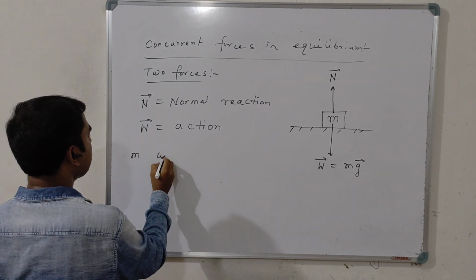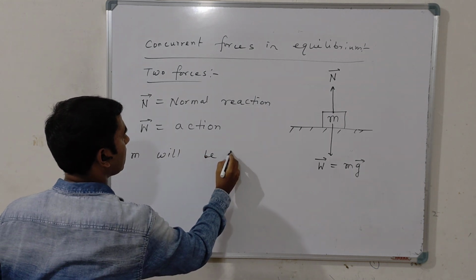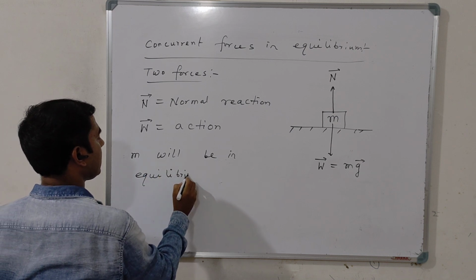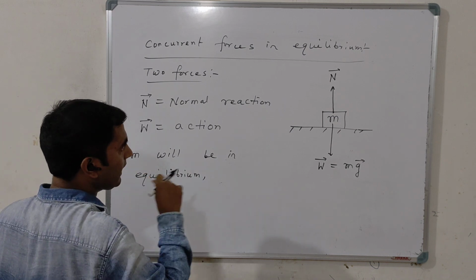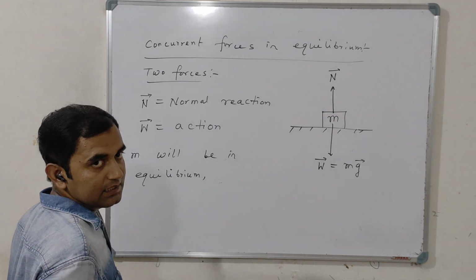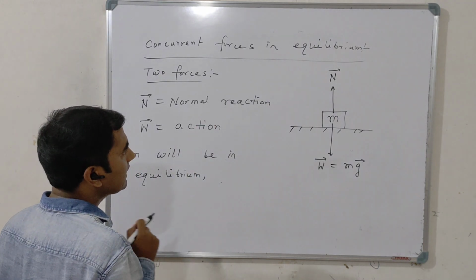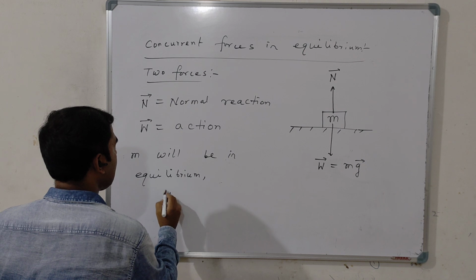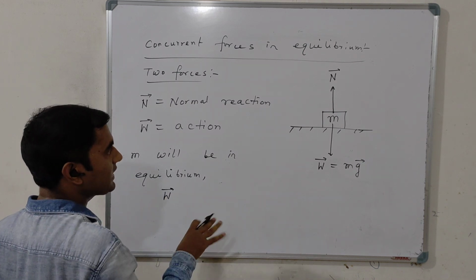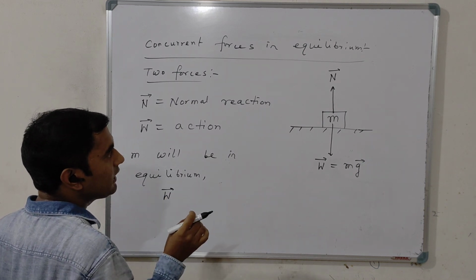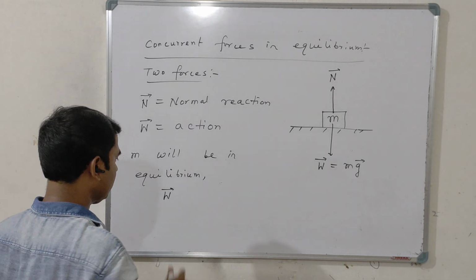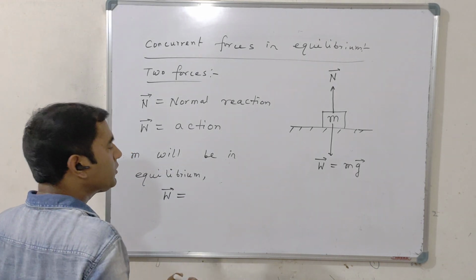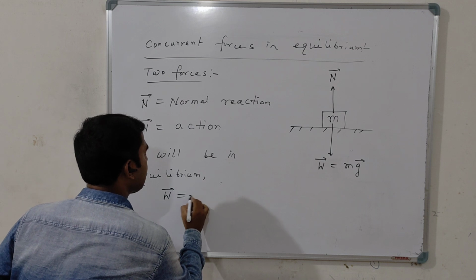M will be in equilibrium if the resultant of these forces is 0. W and N, action and reaction, have equal magnitudes, and to show that they are in opposite directions, we must introduce a negative sign.